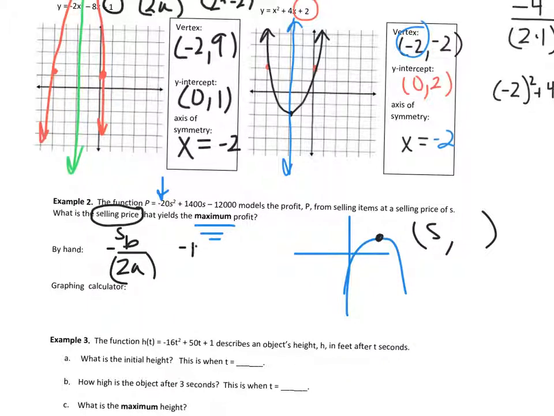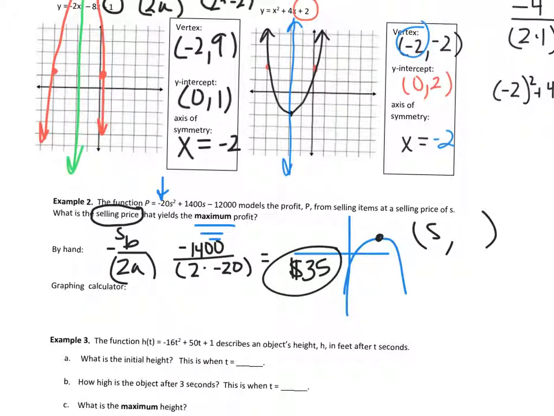So it's going to be opposite 1400 divided by 2 times negative 20. So I'm going to do negative 1400 divided by 2 times negative 20, and I get 35. So the selling price should be $35 to get the maximum profit.